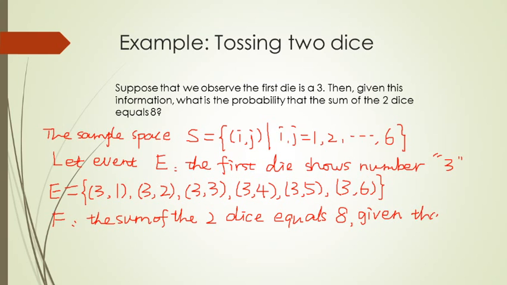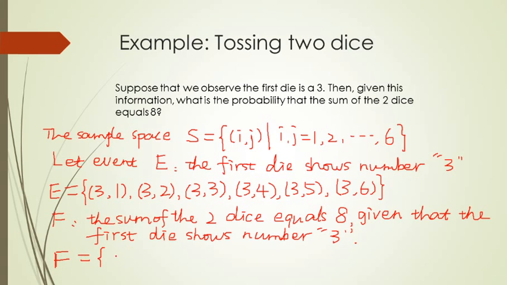Given that the first die shows number 3, what are the outcomes in event F? So we know the first die shows the number 3 and the sum of the two dice equals 8. So the second number can only be 5, right? So we only have one outcome.